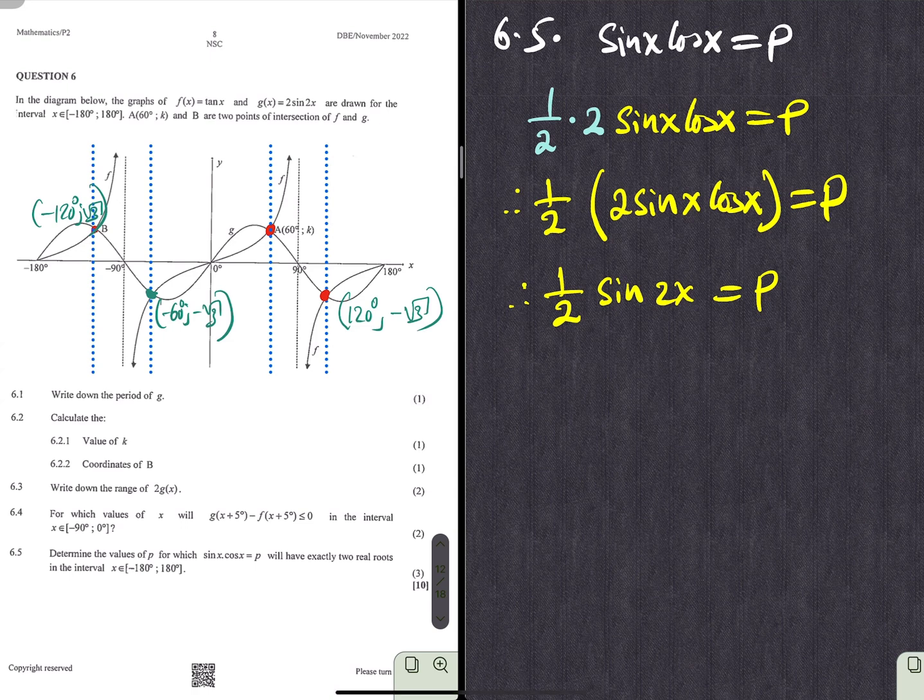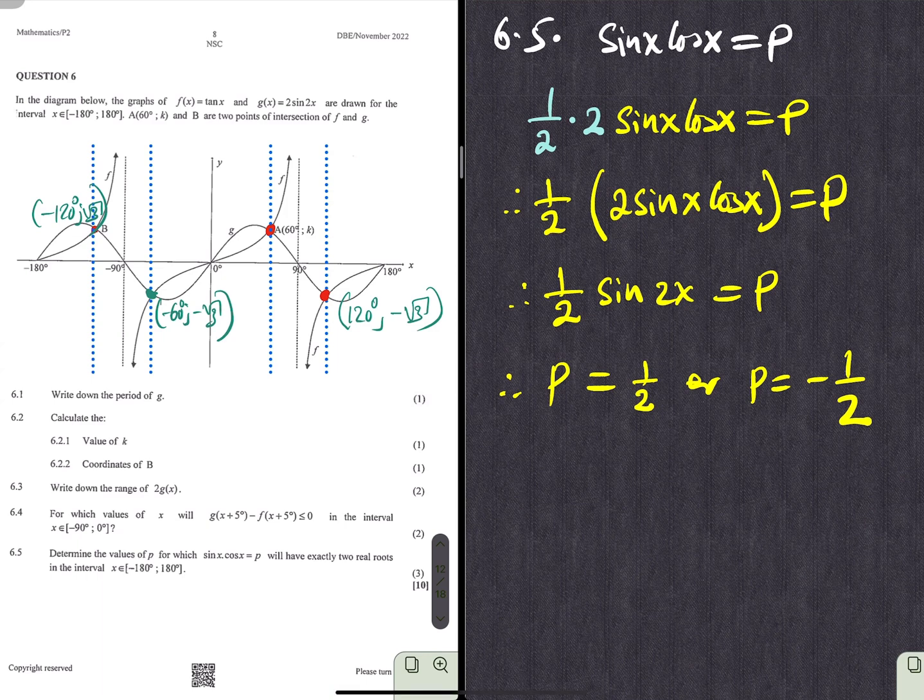So we are looking for the value of p for which this will have two real roots. This will mean that it's going to occur at its maximum and minimum. So what is the minimum of this one? That is really going to be p equals positive 1 over 2, which is the maximum, or p is going to be negative 1 over 2.